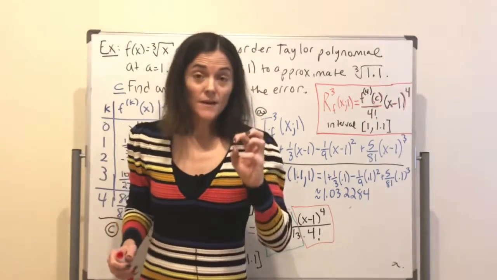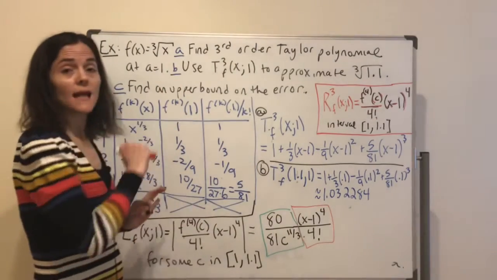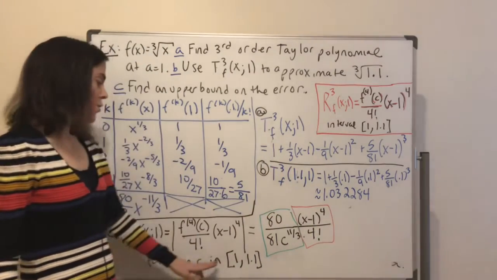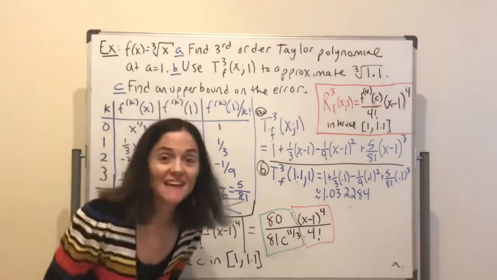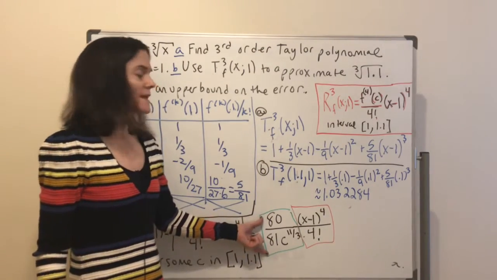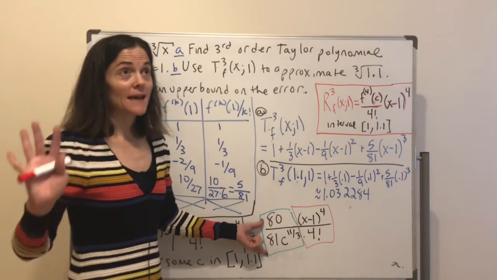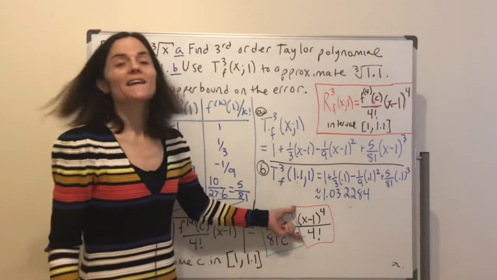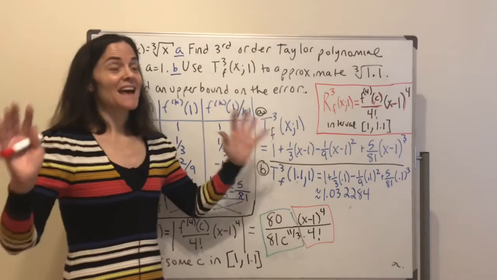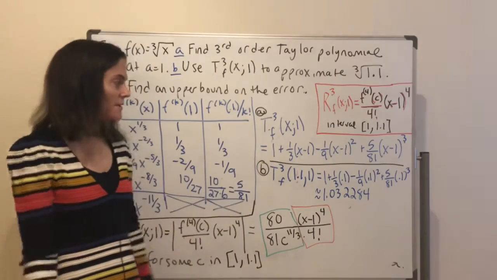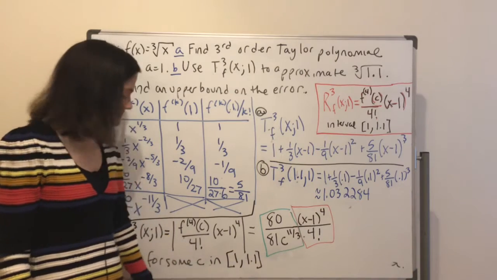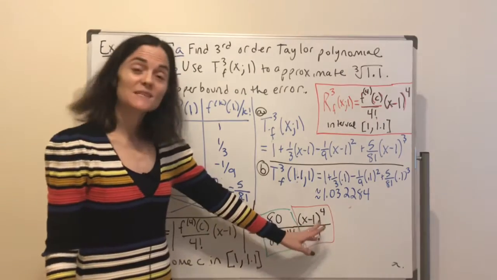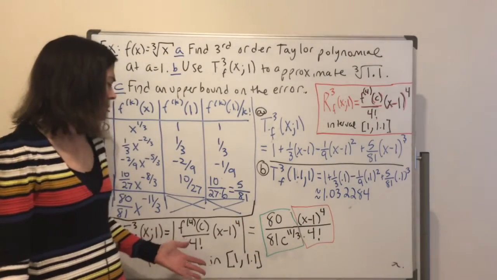I want to confidently say my error is less than or equal to some number, on my whole interval, 1 to 1.1, which means I'm going to make this quantity outlined in green as big as I possibly can on my interval. And then separately, I'm going to make this quantity outlined in red as big as I possibly can on my interval. Okay, this is why you have to think about your interval. So how are we going to make this one as big as possible? Well, look at my interval.